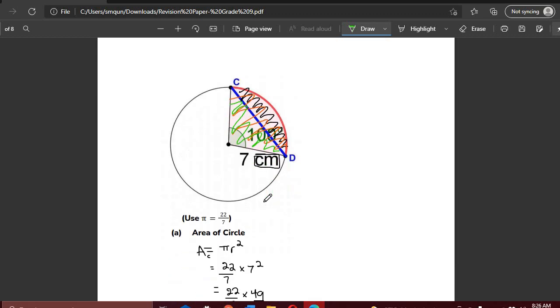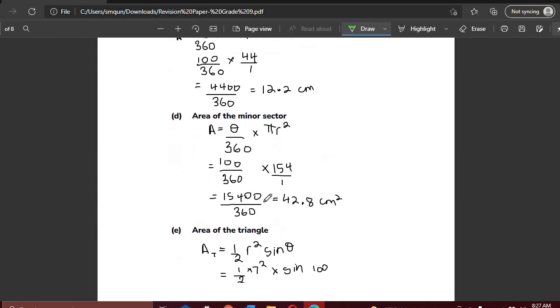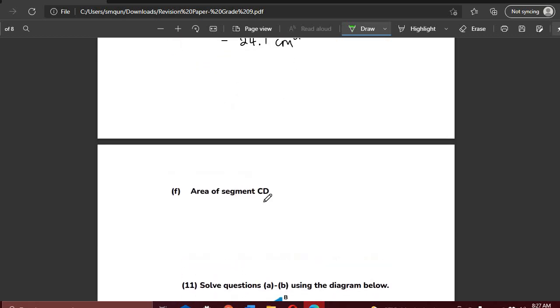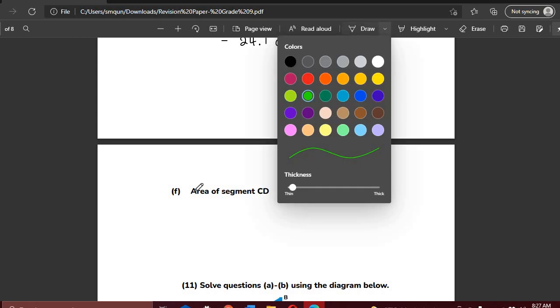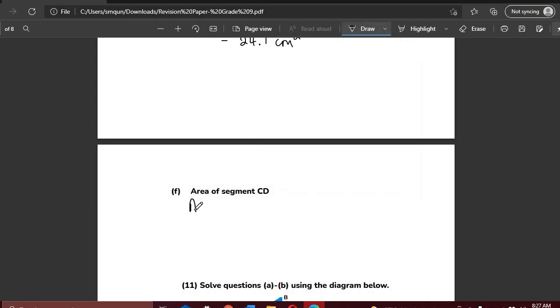Okay, so we know the area of the sector, we know the area of the triangle as well. So what I'm going to do, I'm going to say the area of the segment is equal to the area of the sector. Let me put SEG for short.